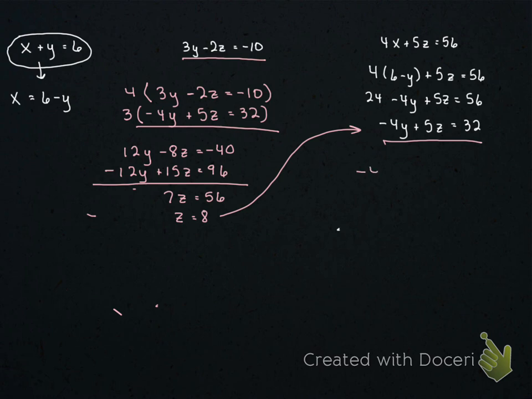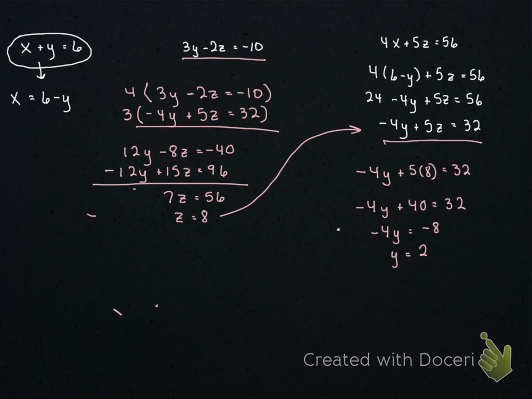So negative 4y plus 5 times 8 is equal to 32, and negative 4y plus 40 is equal to 32. If I subtract 40 from both sides, I get negative 4y is equal to negative 8. Therefore, y is equal to positive 2.